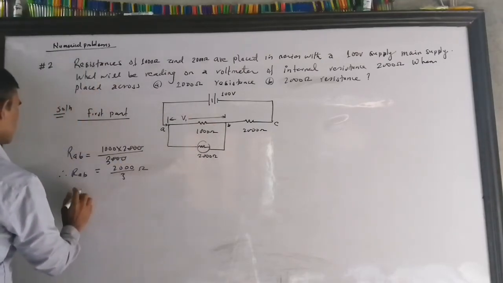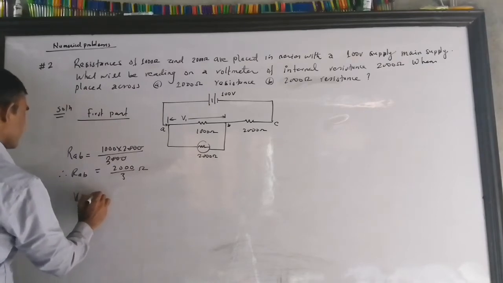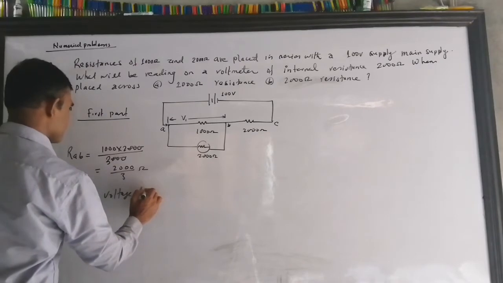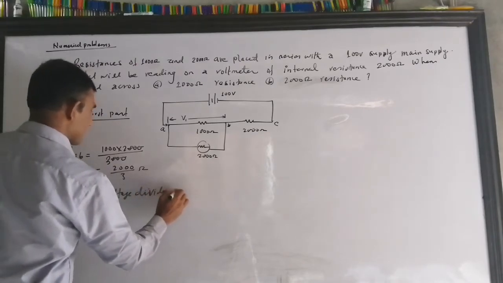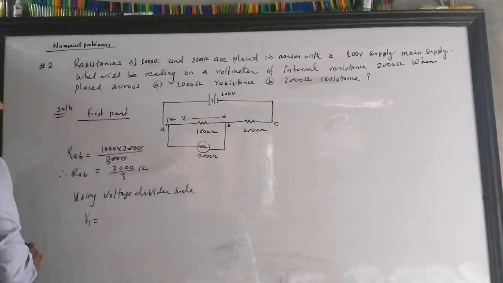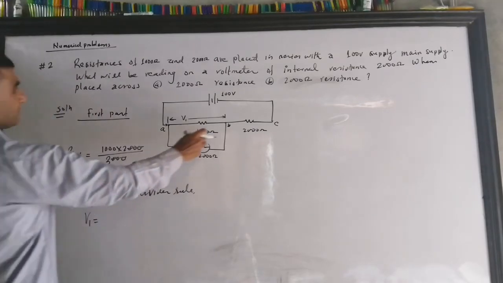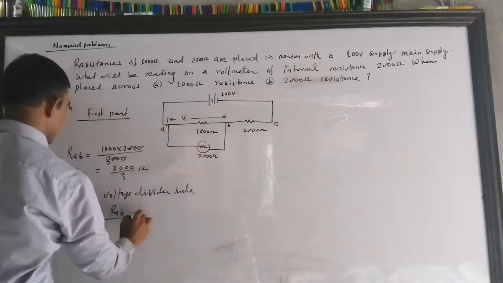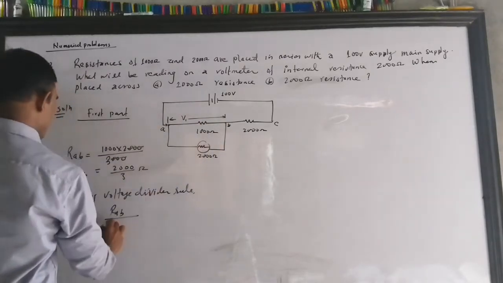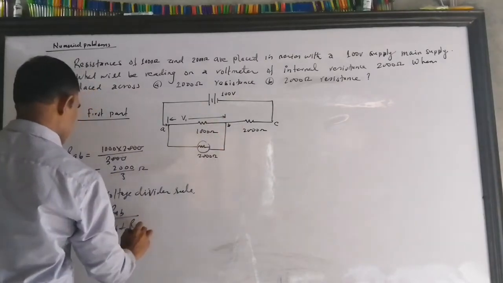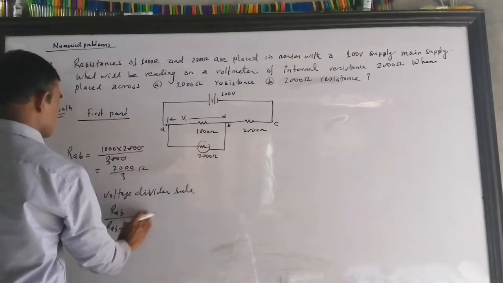Very simply, you can use the voltage divider rule. What can you write? V1 equals the resistance from A to B divided by the total resistance, RAB and RBC, times the total voltage.